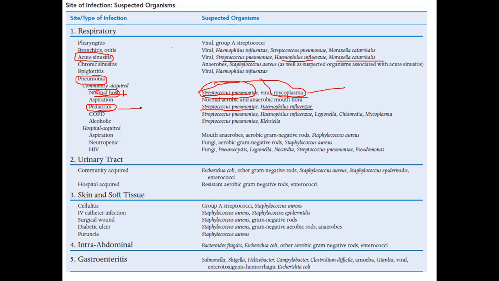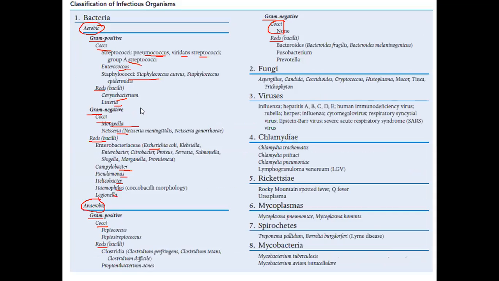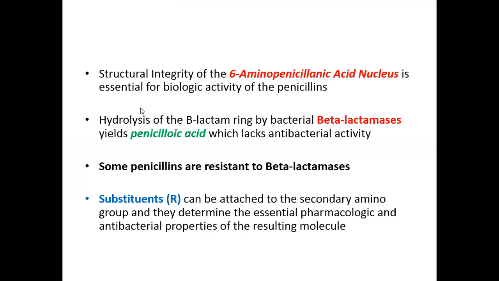Now I'm going to leave you with this slide. You're going to have to study these tables and be familiar with the organisms causing which condition, so that it will be easy for you to select the antibiotic with logic when you're using empiric treatment. Okay, I'll now proceed.